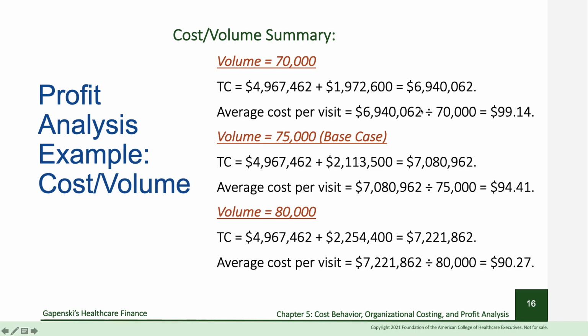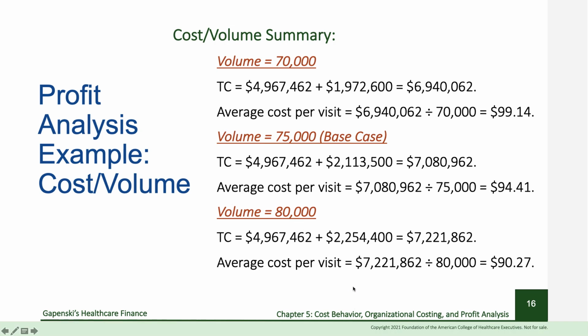Average cost per visit is $99 for 70,000 visits. Same calculation, and we get $94 per visit for 75,000 visits, and $90 when you have a volume of 80,000 visits.